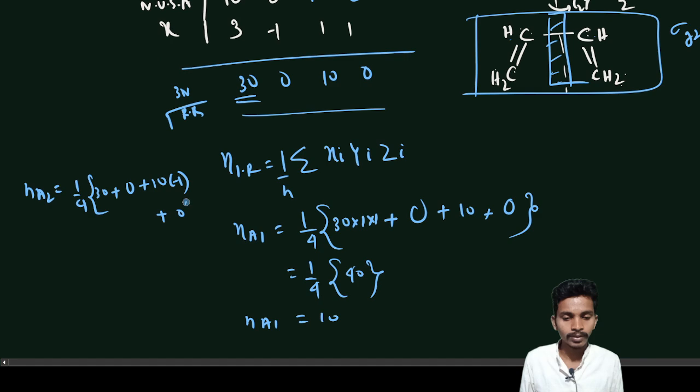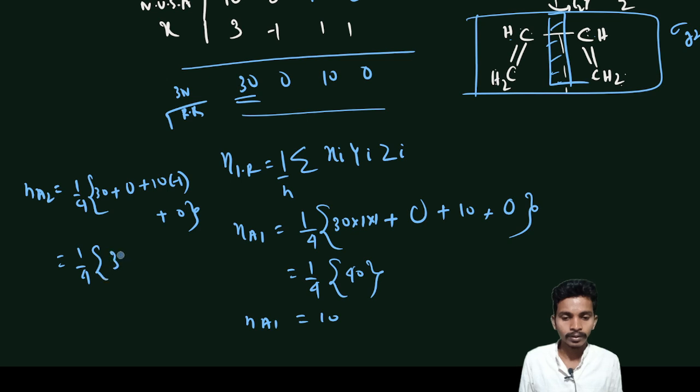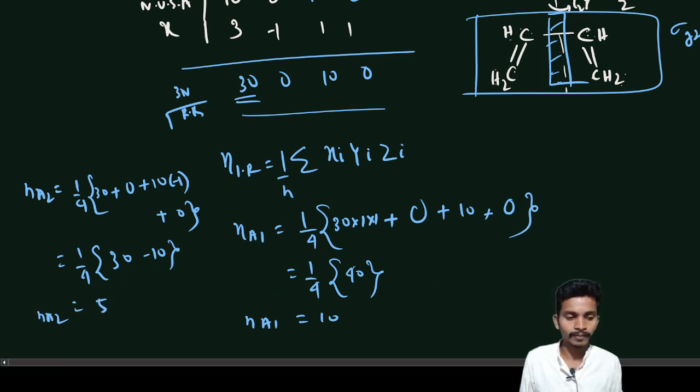Similarly, that is 0, so the whole term will be 0. This will be equal to 1 upon 4 times 30 minus 10, that is 20, and that is going to be 5. So na2 equals 5.